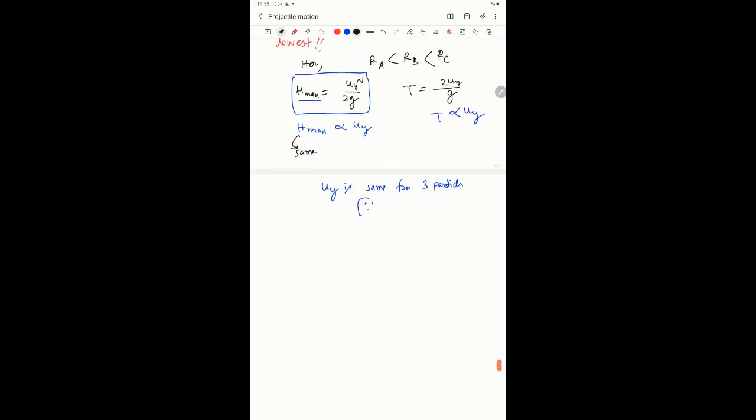As H max is same, we can conclude that uy is same, but time of flight T is also proportional to uy only. So if uy is same for the 3 particles, then time of flight will also be same. T is also same for the 3 particles.